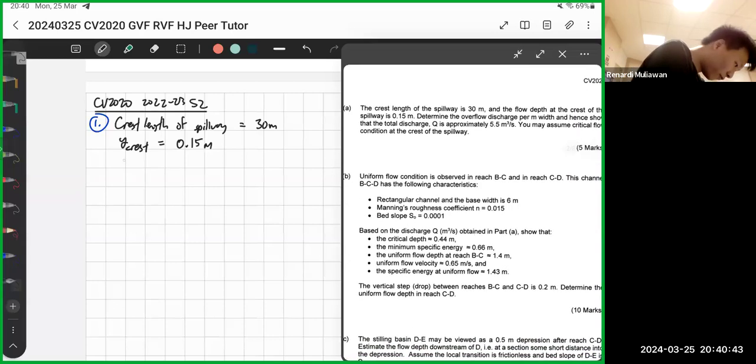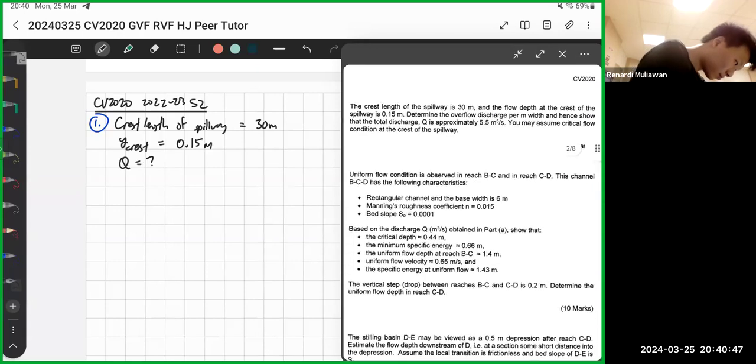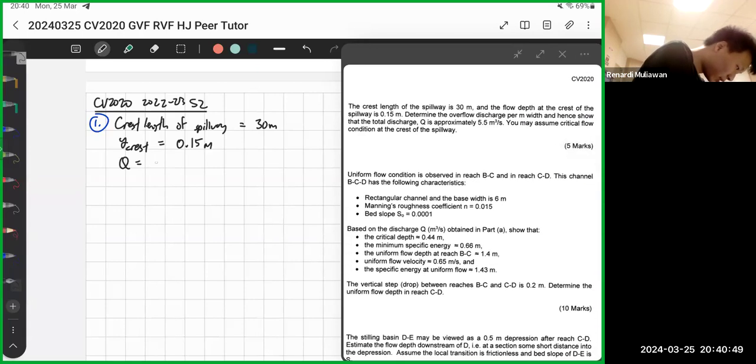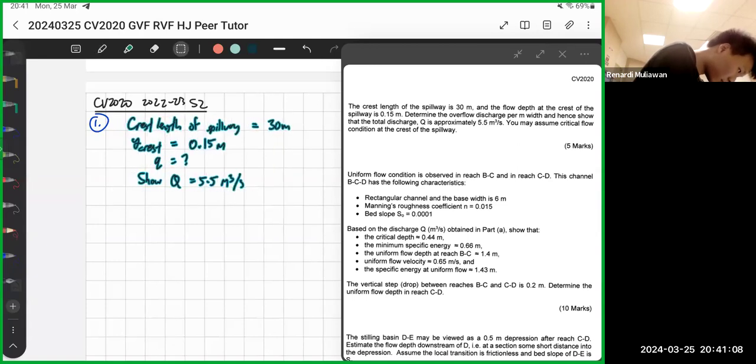So find the overflow discharge per meter width, small q, and show that Q is 5.5 meters cubed per second. This is part A.